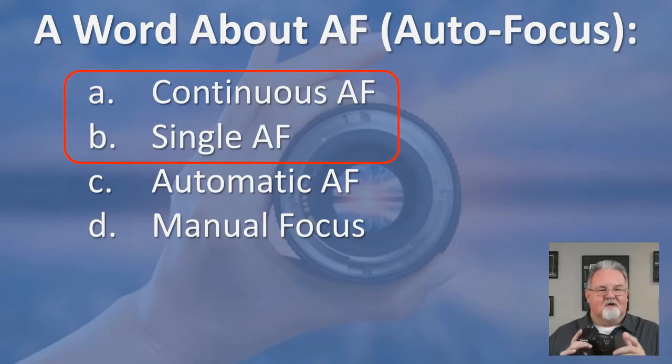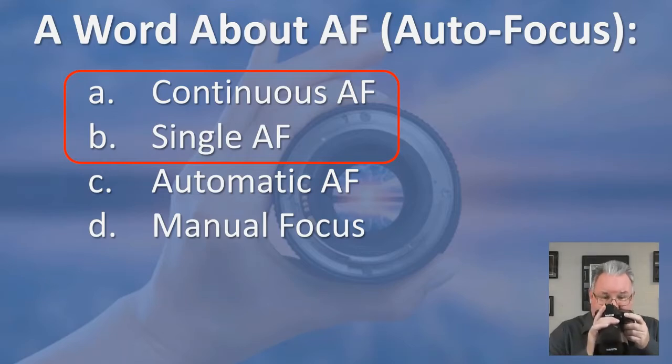And so if you have your camera in single autofocus, and this is a good reason to not always have it in continuous autofocus, you can point your camera down, touch the shutter button, and hold it, and get that in focus.